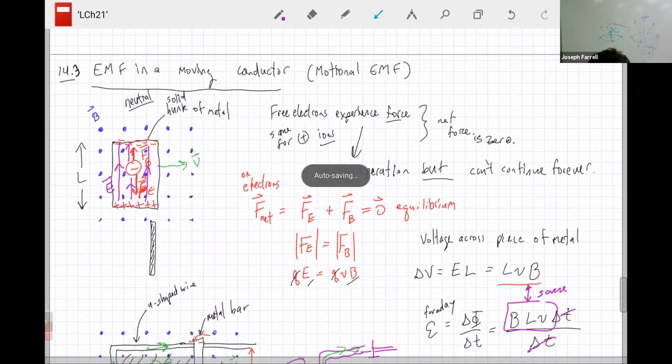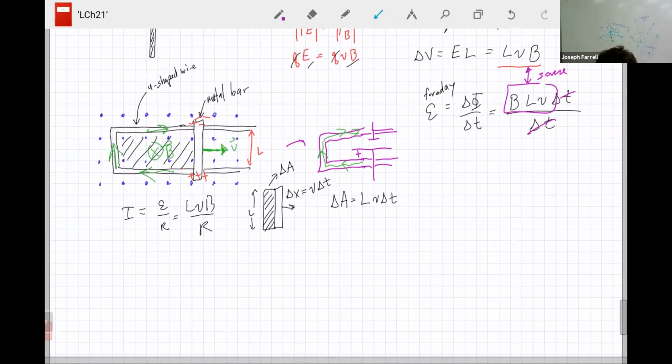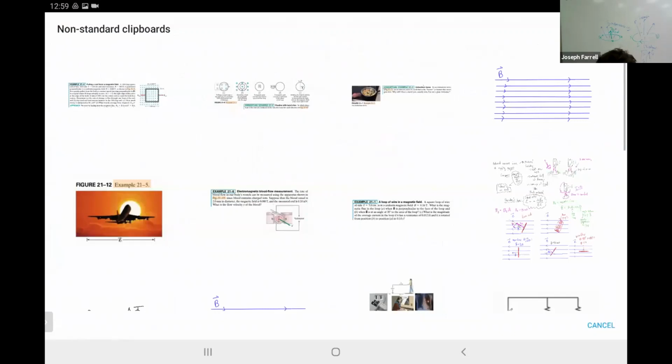What's crazy about this is this really is happening for every piece of metal that's moving on Earth, because there is a magnetic field on Earth. One example is our airplanes.